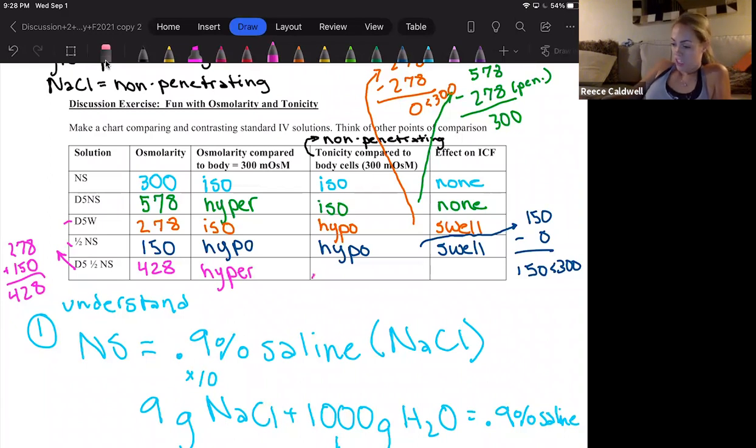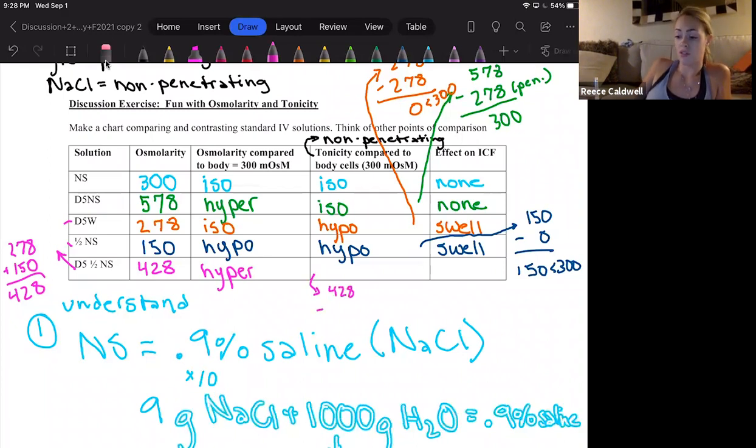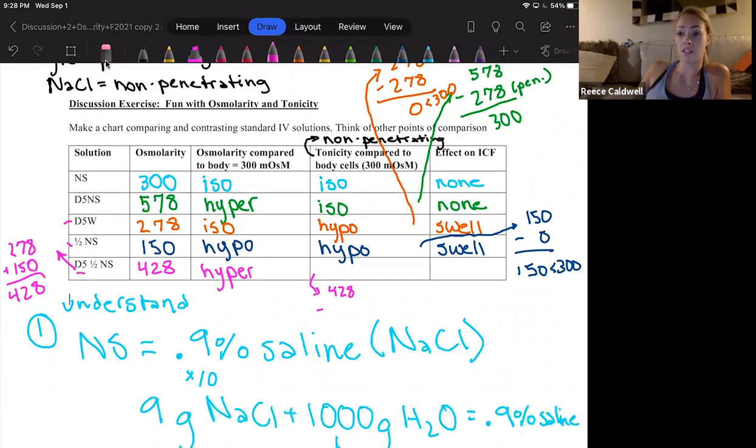Now we'll do one more little calculation for our tonicity here. We take that total, 428, we subtract the penetrating molecules, so the D5 part of it, because D5, glucose is penetrating, it goes in and out of the cell. So we're going to subtract that 278, and what we are left with is 150, and 150 is considerably less than 300.